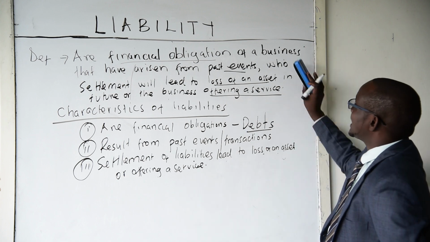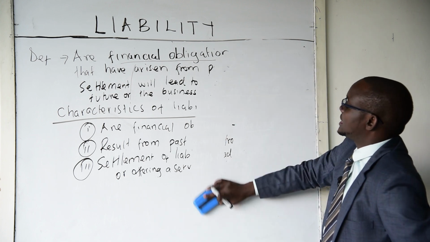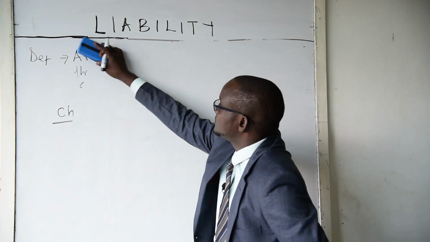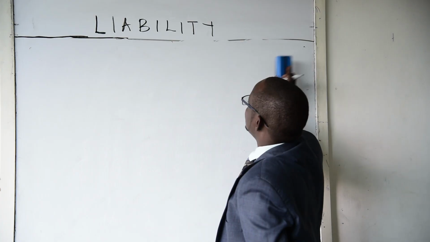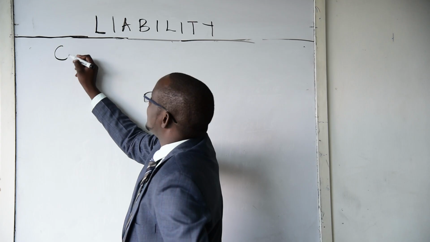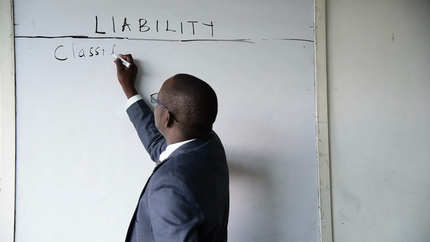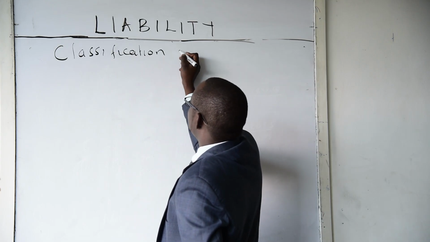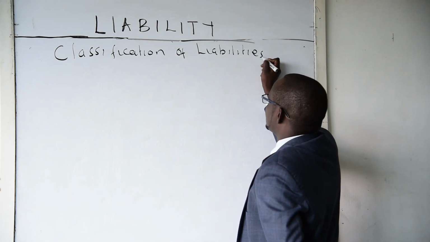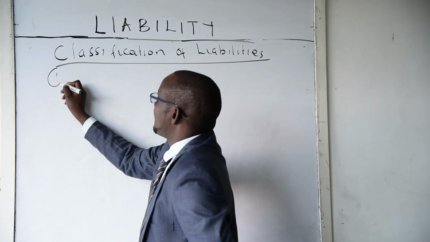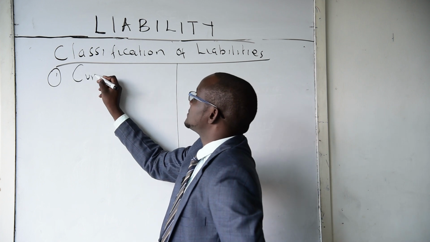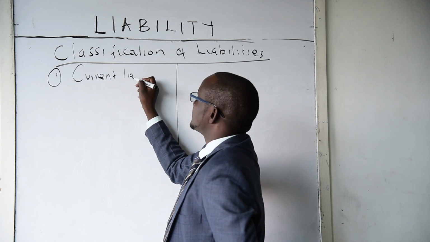Let us look at classifications of liabilities. Number one, we shall have what we call current liabilities.